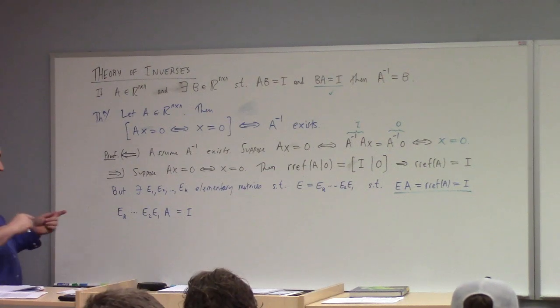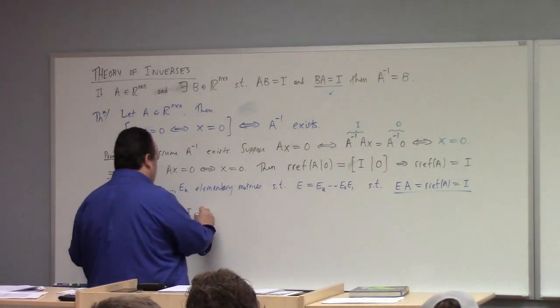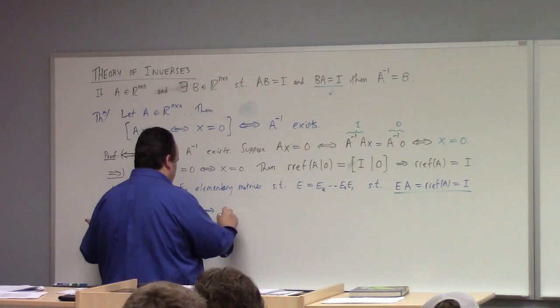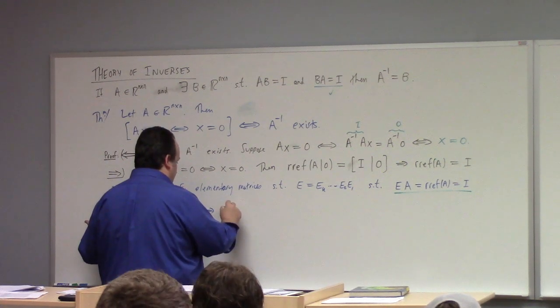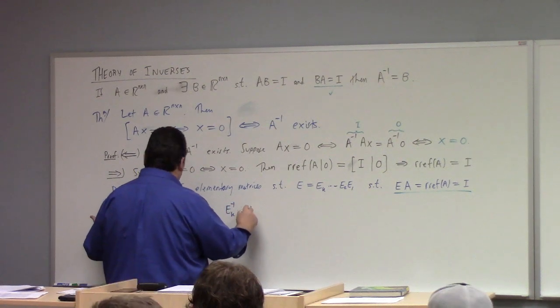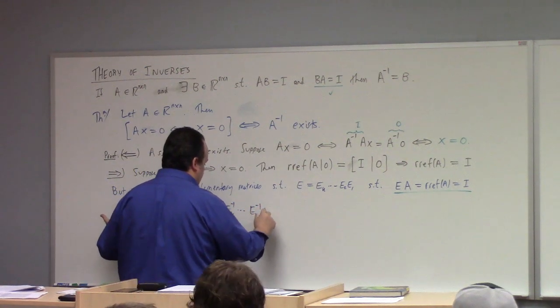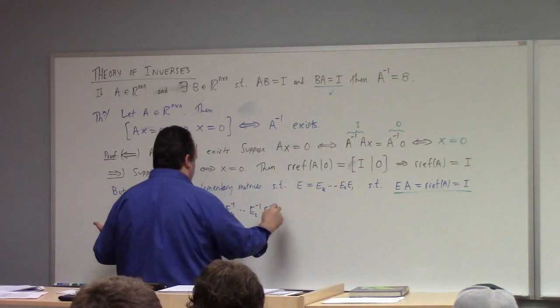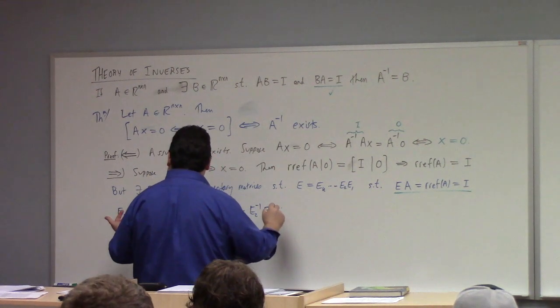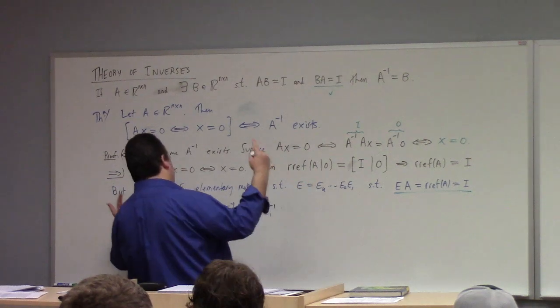So what that means is I can solve this by multiplying by E_k inverse on the right, and then all the way on down to E_2 inverse and E_1 inverse times my, oh man, sorry guys, I gotta flip the script on that.